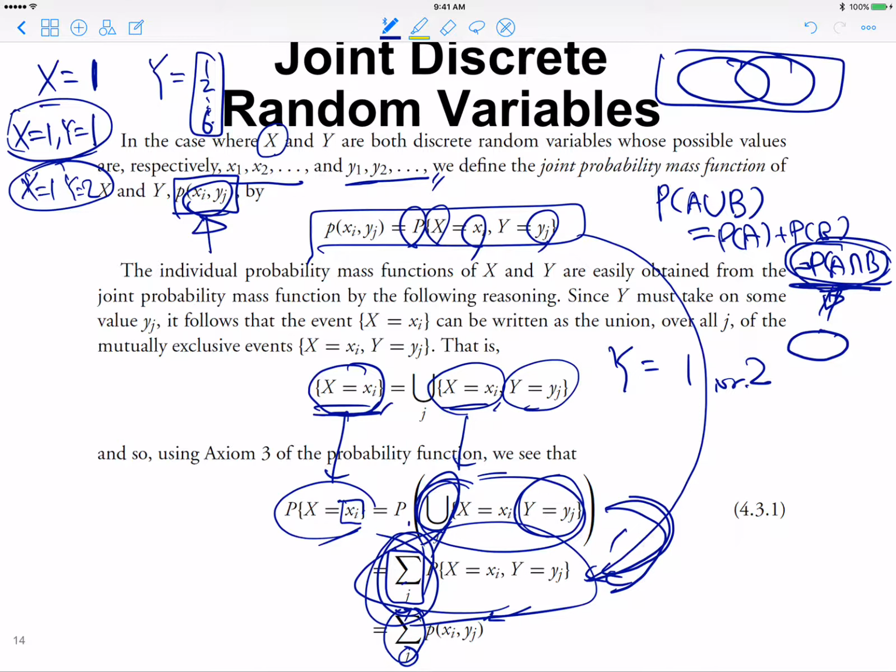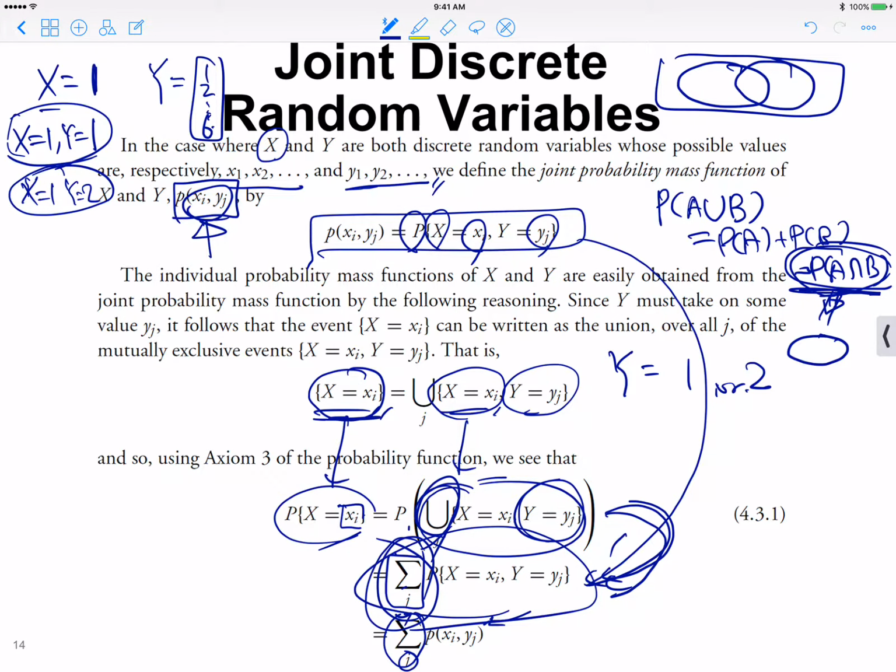So they are mutually exclusive events. If we know one of them happened, then the other for sure is not happening. That's why we see this kind of equation from this to this.